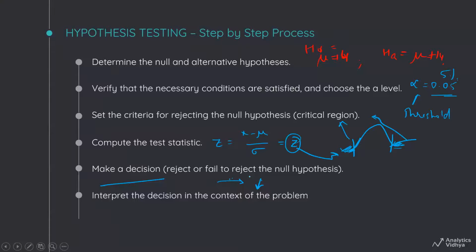If you're in drug manufacturing, should you go ahead with your manufacturing process because you find the results accurate, or should you revisit your composition or the manufacturing procedure? You interpret that decision in context. So that's generally a six-stage process, right from conceptualizing your hypothesis to concluding your result.